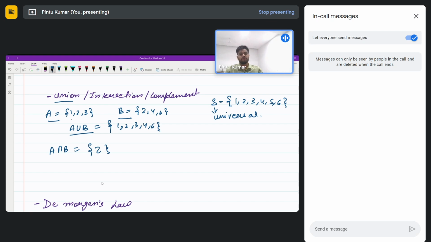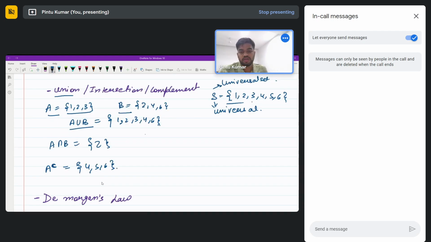For example, if I define my S as 1, 2, 3, 4, 5, 6 as my universal set, then I can define the complement of A. The complement of A would include those elements which are not in A but are there in the universal set. So the complement of A would look something like 4, 5 and 6.